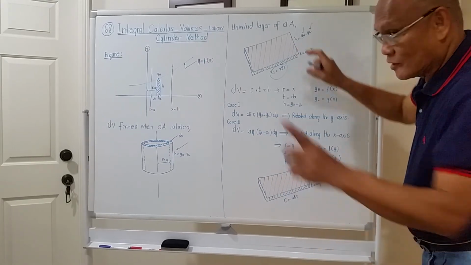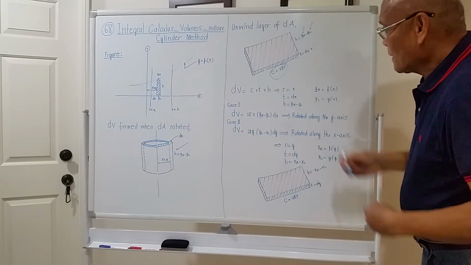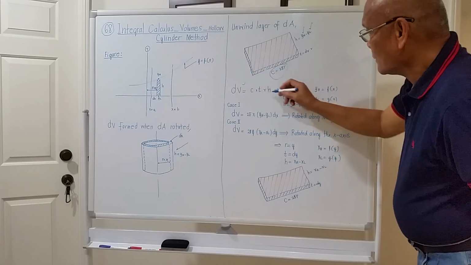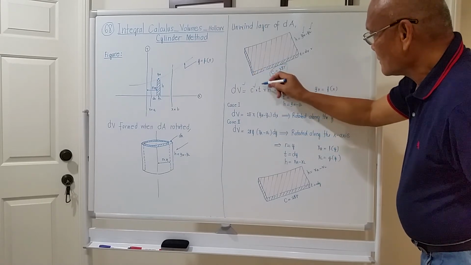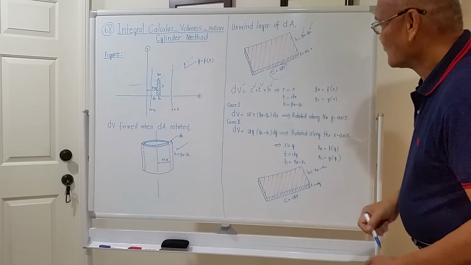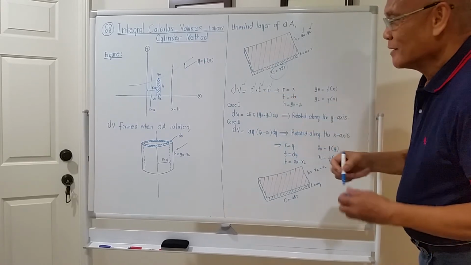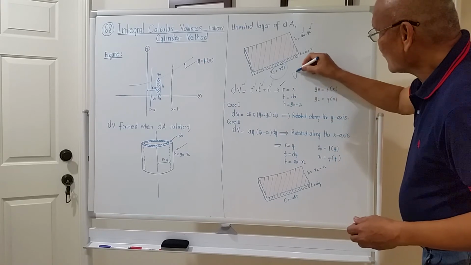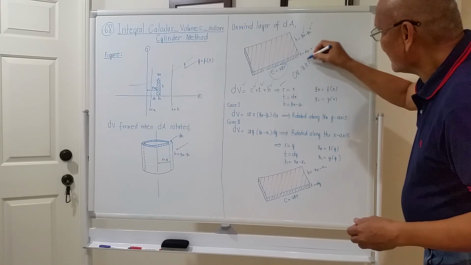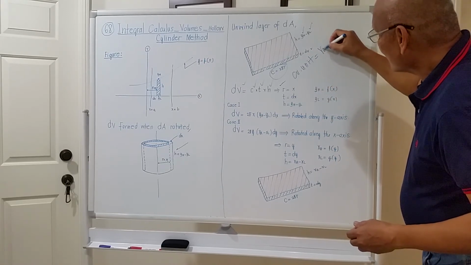Multiplied by the thickness, that will now be volume. So I place it here: differential volume is circumference times thickness times height. Unit length times unit length times unit length, it should be a cubic unit, and that is actually volume.